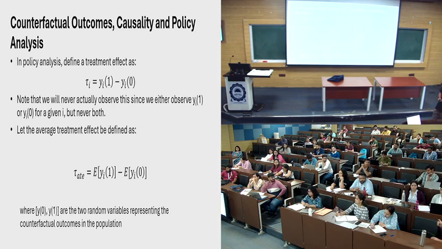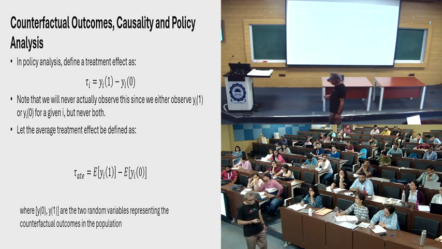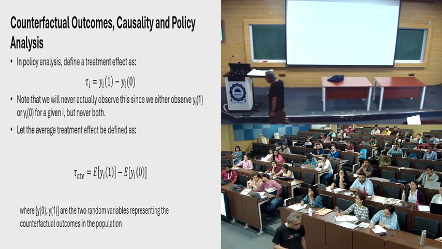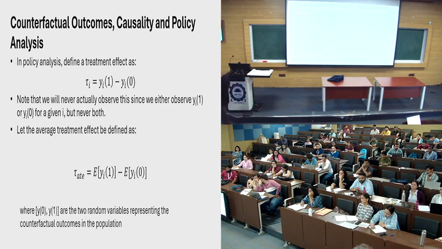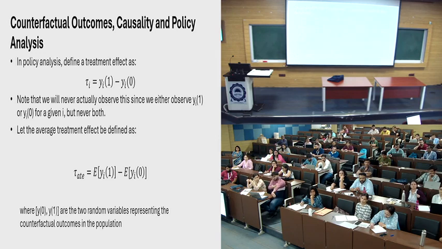What do I mean by counterfactual? The way I think about it, COVID vaccination was distributed by the government in India. If you are elderly, you would get access to the vaccination before someone else.